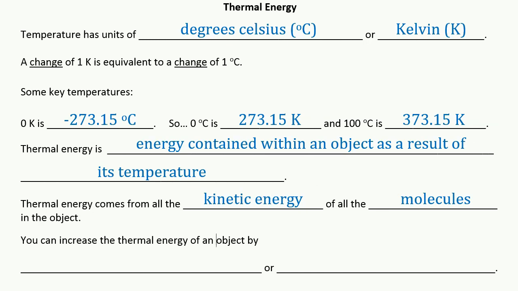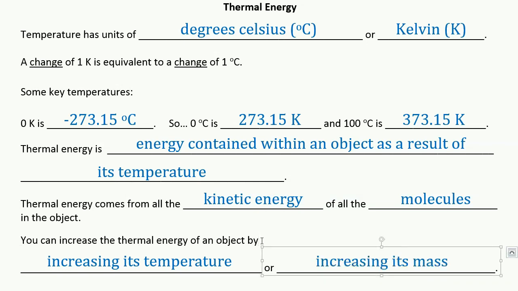So this means if I want to increase the thermal energy of an object, I can do so in two ways. Because thermal energy is just kinetic energy, 1/2 mv squared, I can increase it by increasing the temperature, which is basically like increasing v, the speed at which the molecules are moving back and forth.